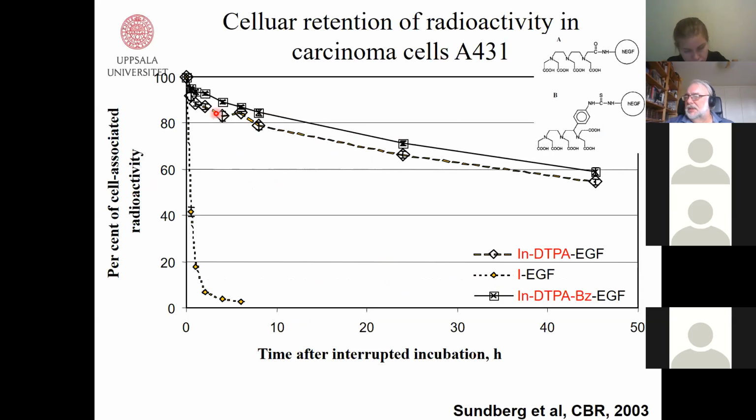Here is an example from one of our pretty old works, when we labeled epidermal growth factor with different labels. Epidermal growth factor receptor is overexpressed in many carcinomas, for example in head and neck tumors and lung carcinoma, and so on.